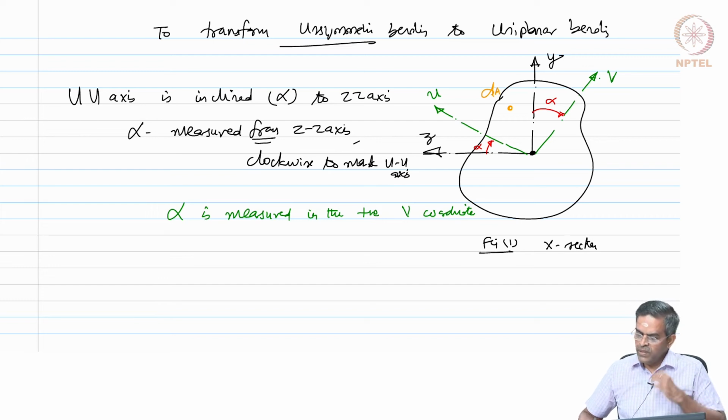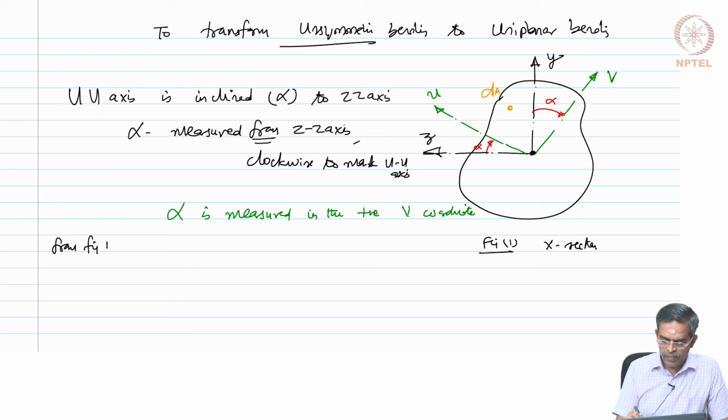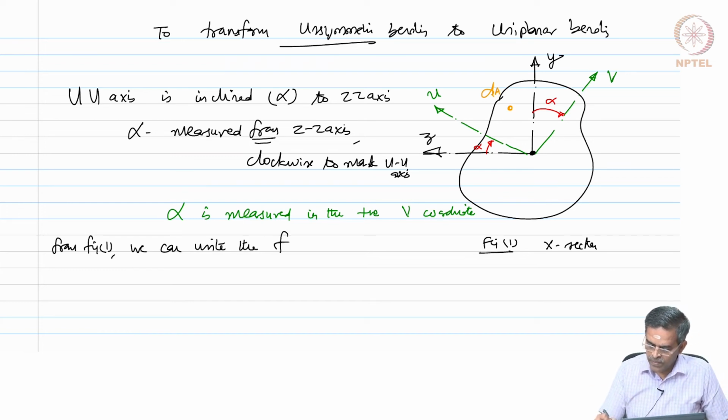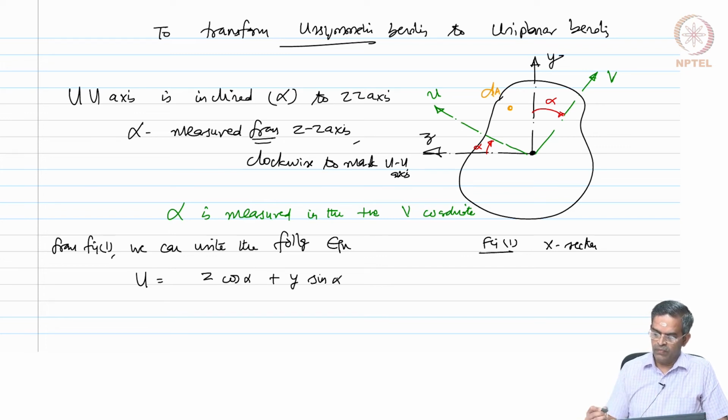Okay. So, from this figure I can write a basic relationship which is very easy. So, from figure 1 we can write the following equation. What are they? U is given by Z cos alpha plus y sin alpha.